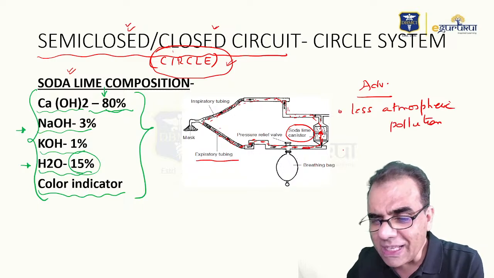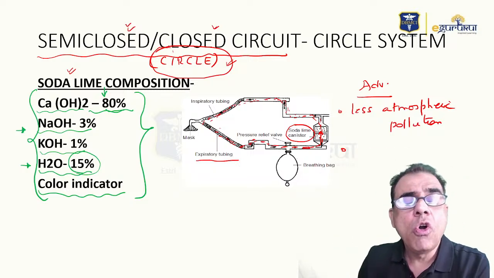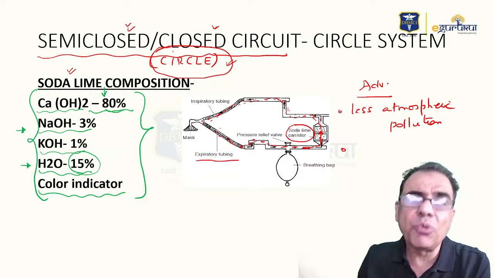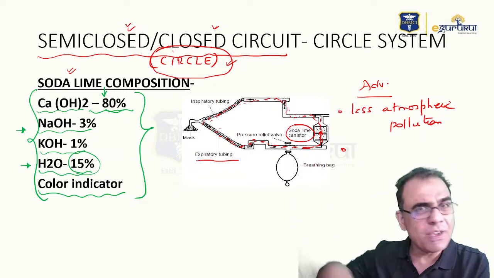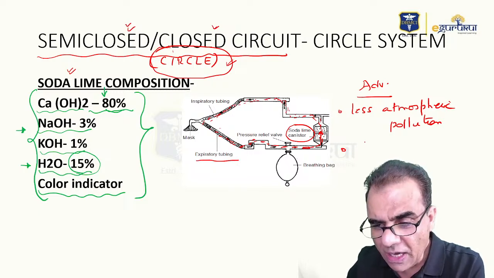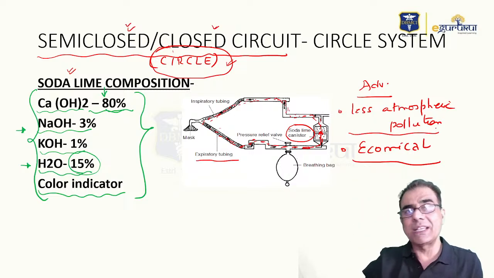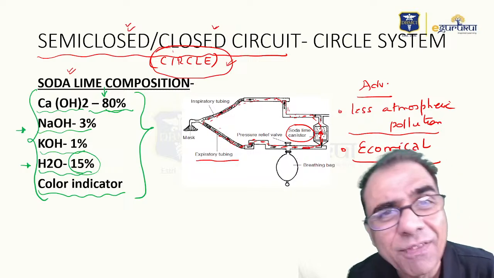And since we are using the same gases in circulation, consumption of gases will be very low. Only the oxygen consumed by the body needs to be replaced. Otherwise, we can use the same gases. So less consumption of gases makes these circuits very economical.